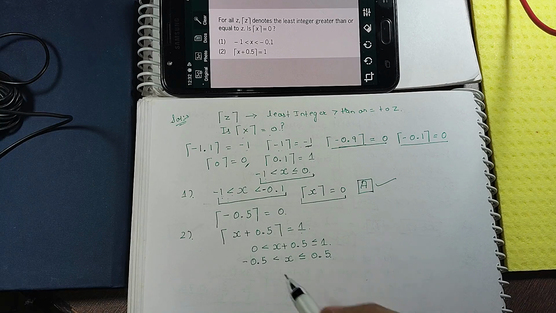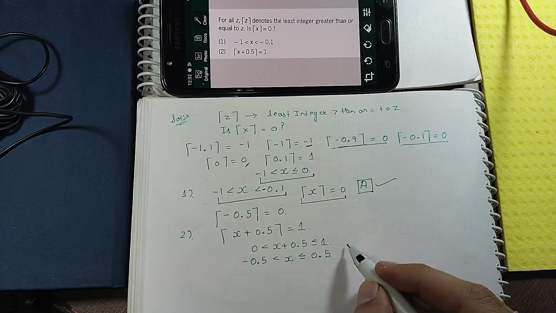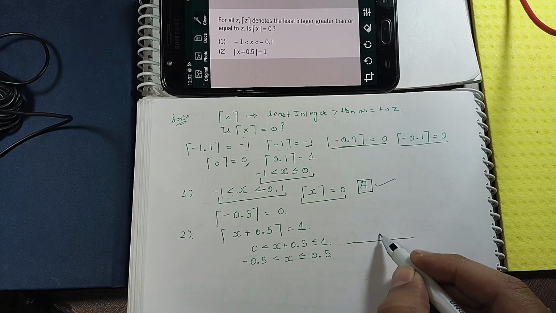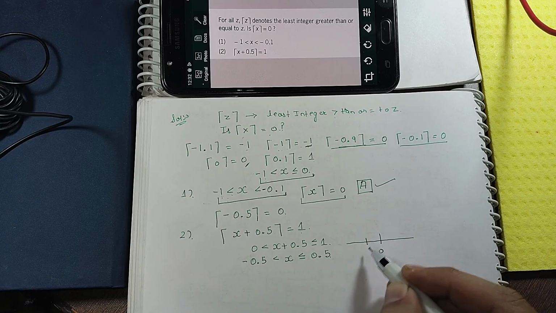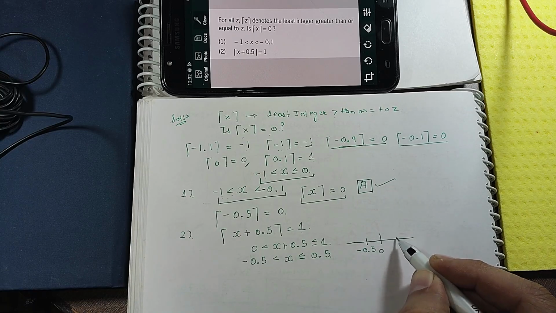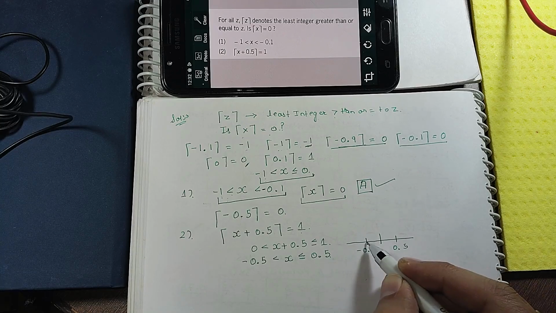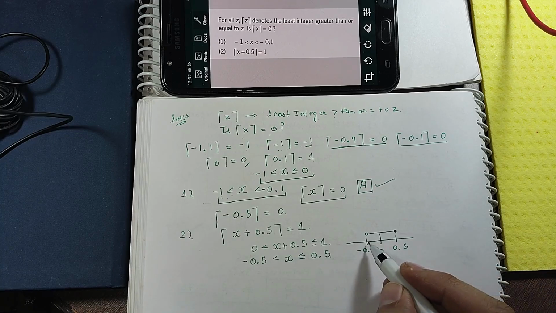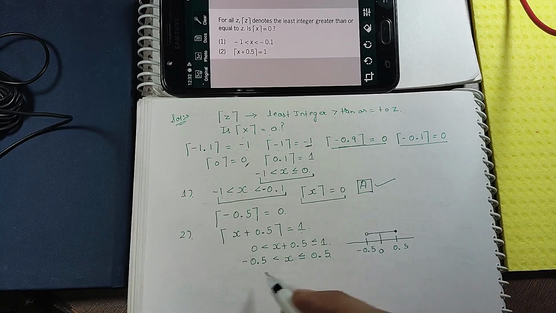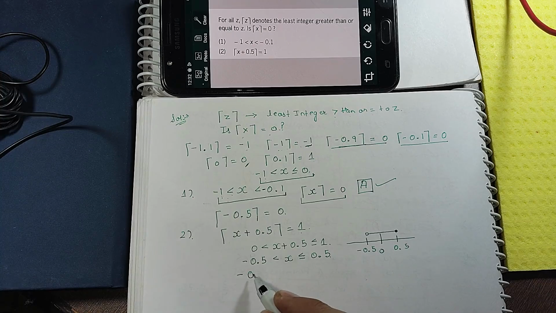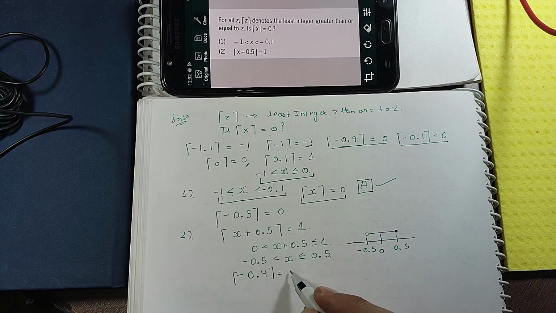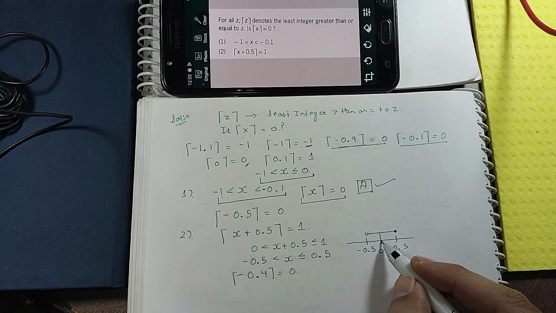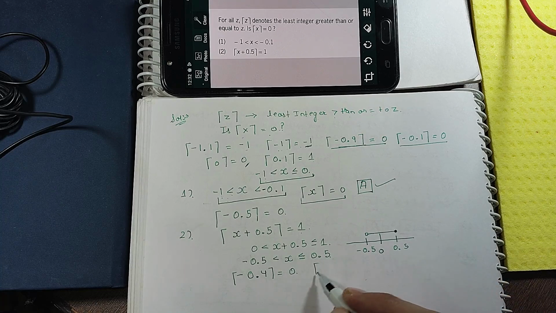Now if I draw it on the number line, here it is 0, so it is basically from -0.5 to +0.5, where -0.5 is not included and 0.5 is included, right? In the range between -0.5 and 0, let us suppose I take an example of -0.4. For this particular value I will get the answer as 0. But as I shift from 0 to 0.5, let us suppose I take the value 0.4.